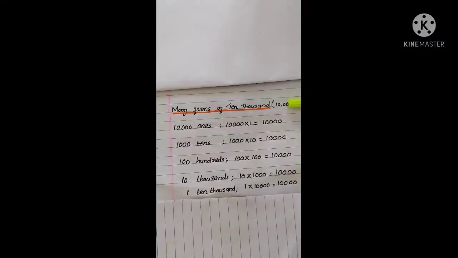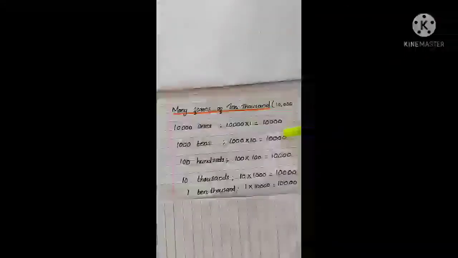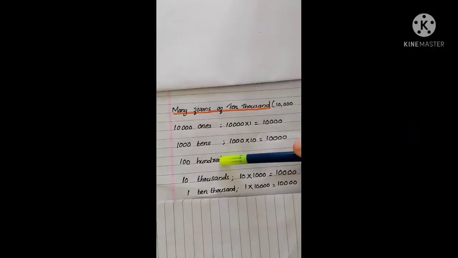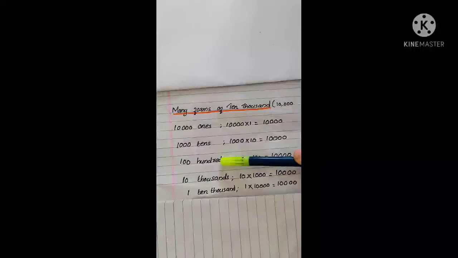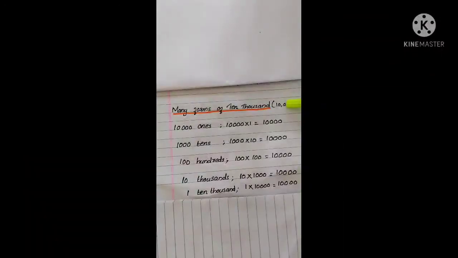That means 1000 tens make 10,000. We know that in 100 there are two zeros. So we cut two digits from the right end, or we cut two zeros from 10,000, we get 100. That means 100 hundreds make 10,000.